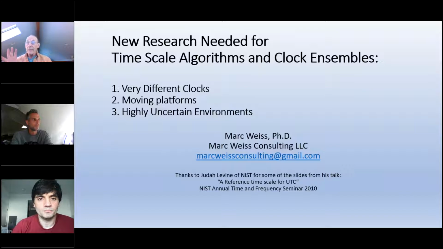Okay, so that's the state of the art. What's not done is when you have very different clocks on moving platforms and in highly uncertain environments, which is where we're going with cyber physical systems. You know, data centers. I hear that a lot of folks here are focused on data centers, but still, you may want to synchronize clocks across data centers and use timescale algorithms for that, where you have limited measurements against each other.